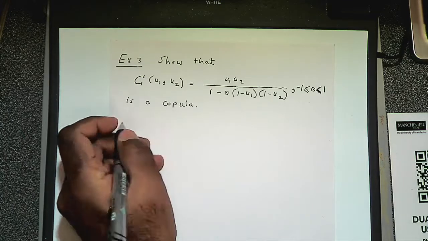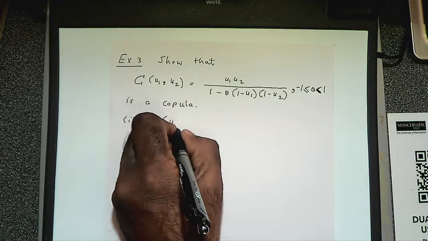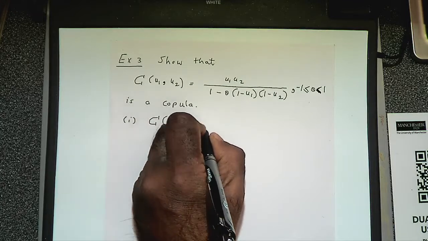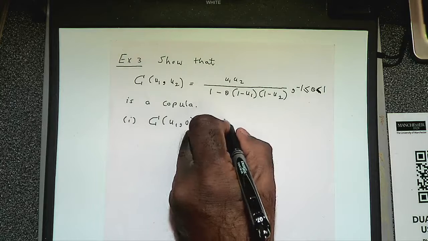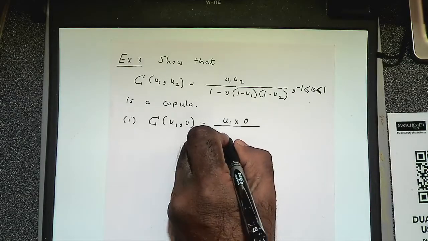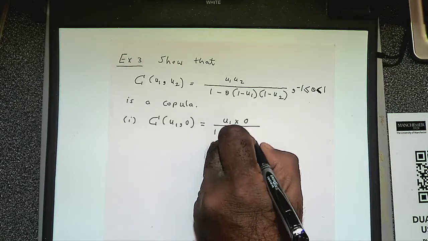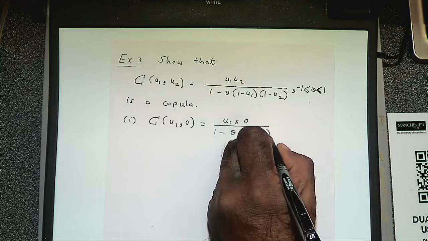Alright, so part 1 is to show that, if you put u2 equal to 0, this is clearly 0. Sorry, u1 should.